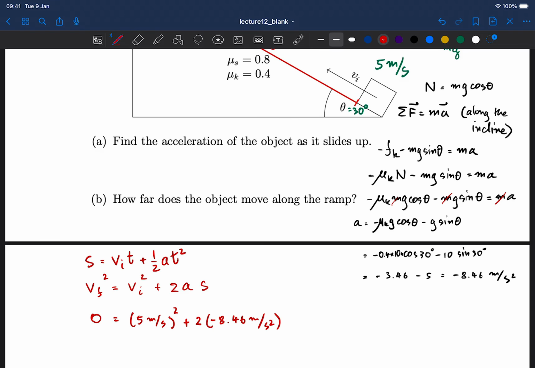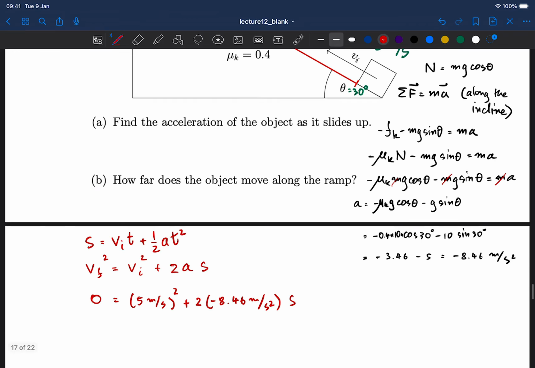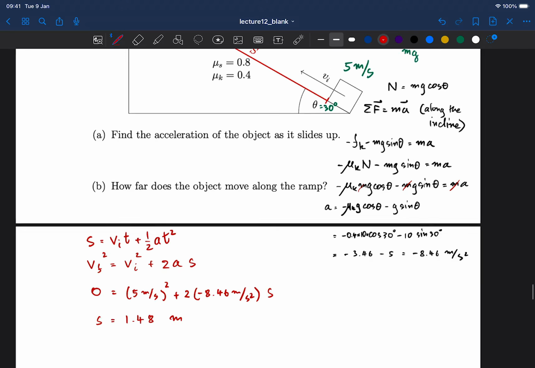And you see that having a minus sign is good because otherwise you cannot solve for s, the distance. Then you just solve for s, it's 25 divided by 2 divided by 8.46, 1.47 meters. So that's the answer.